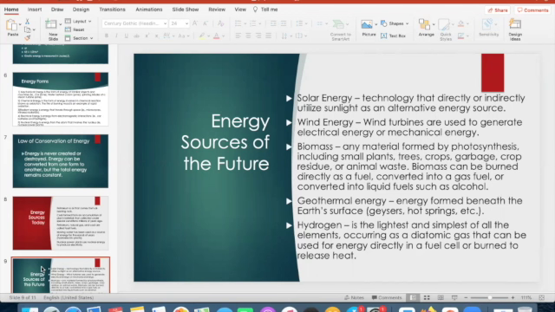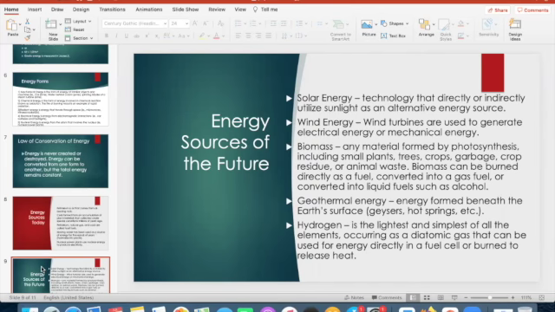So solar energy, if you've ever seen solar panels on top of a house, it utilizes the sunlight and turns it into electrical energy that can be used within the household. Wind energy uses wind turbines. Biomass energy, this is materials that can be burned and used as fuel. Geothermal, these are natural energy sources like hot springs and things of that nature.